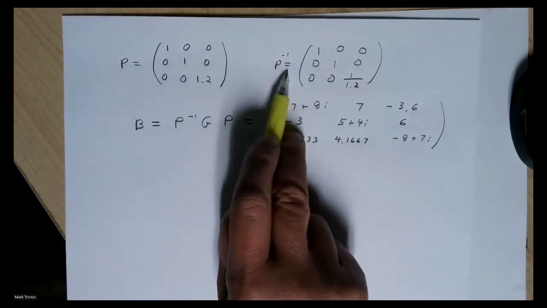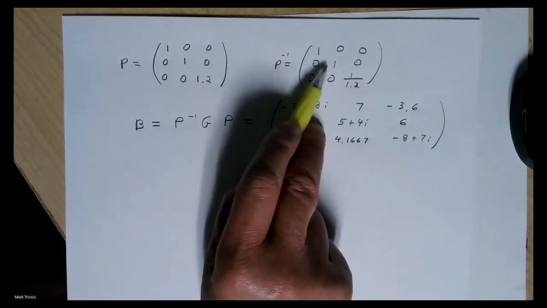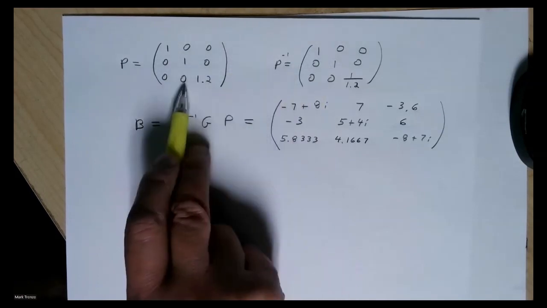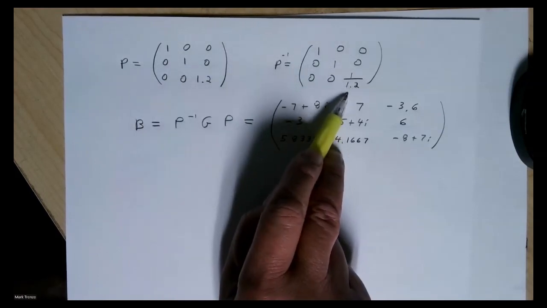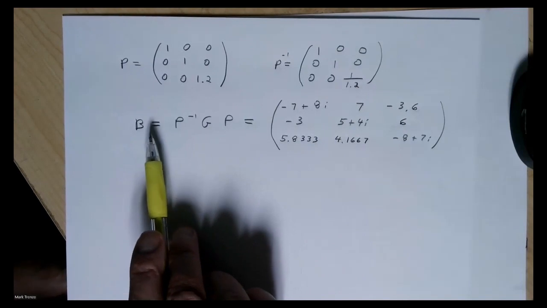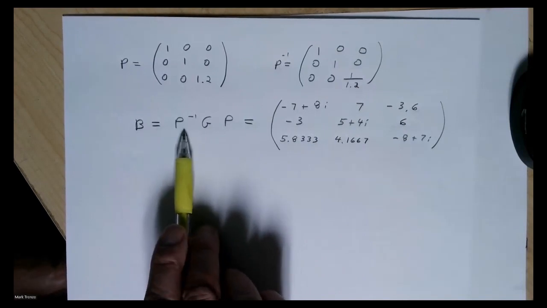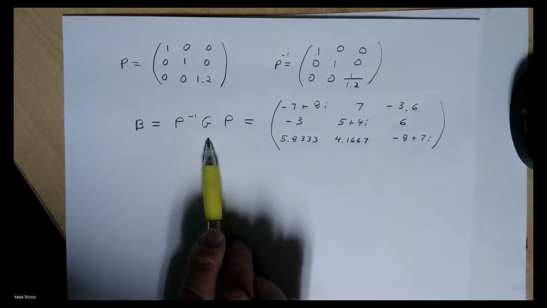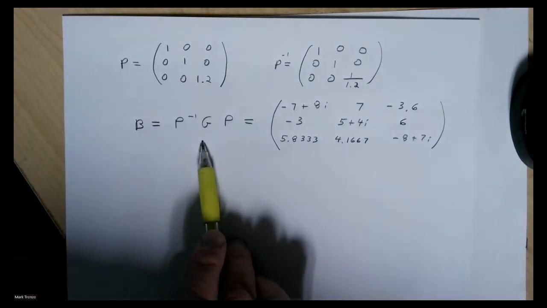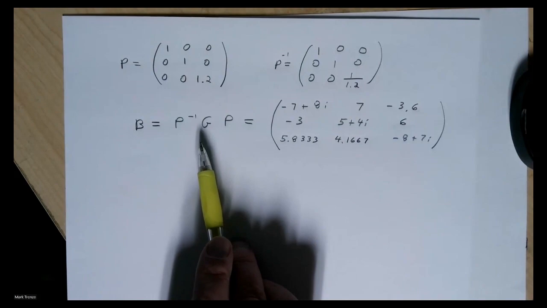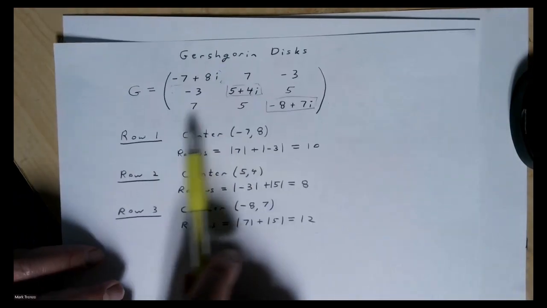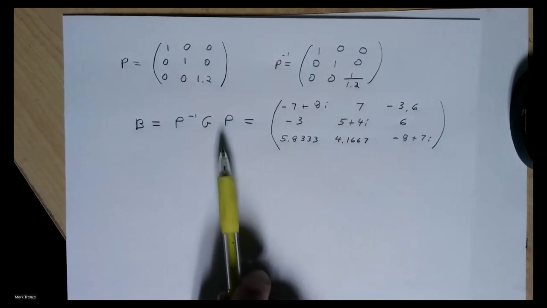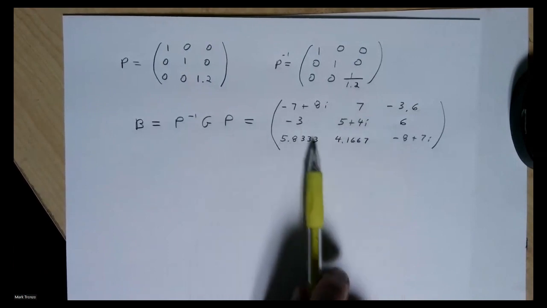And as I mentioned, the inverse of that would be 1 over 1, which is 1, 1 over 1, which is 1, and 1 over 1.2. Then I multiplied the inverse times our original matrix G, which was this matrix right here, times P, and I got this.